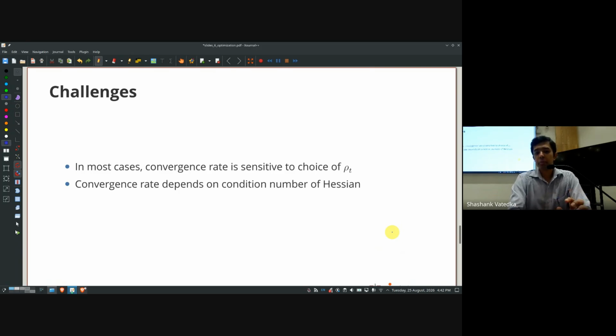Another point to keep in mind, something that goes back to our analysis of gradient descent, is that the convergence rate depends on the condition number of the Hessian. When we analyzed the strongly convex and L smooth case, we saw that the rate of convergence depended on the parameter L divided by mu for a function that is L smooth and mu strongly convex. And these parameters happen to be bounds on the eigenvalues of the Hessian.